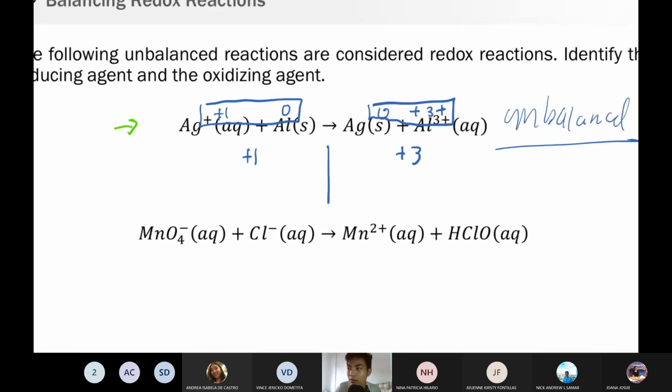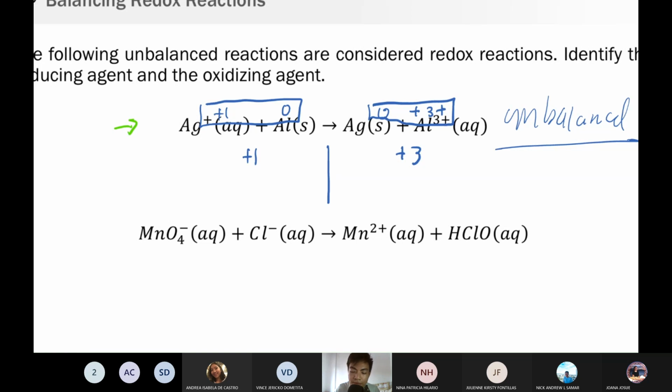Yes, balance yung atom, tigi-isa, pero yung charges, hindi. As a result, hindi talaga balance yan. Kailangan mag-equal sila eh. So, yun yung idea ng redox. You are not just only focused on the atoms, rather you are also focused on the charges. If any of them is unbalanced, then the entire equation is unbalanced. Balance nga atom mo, hindi naman balance yung charges. O kaya, balance naman yung charge mo, hindi naman balance yung atom. Unbalanced yun. Okay?